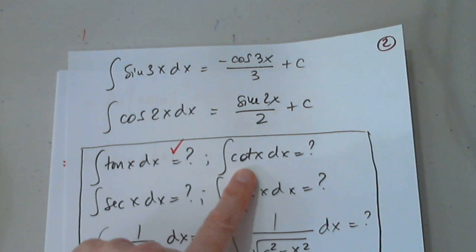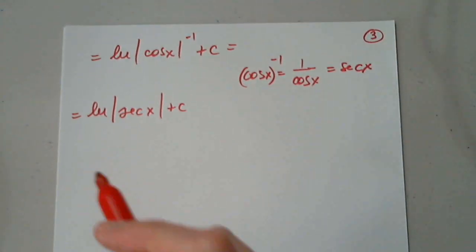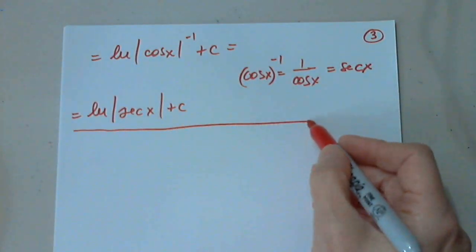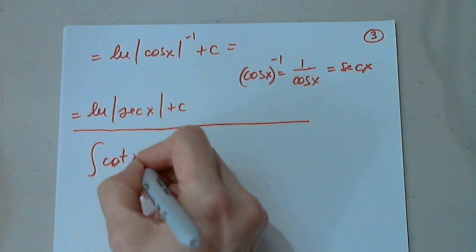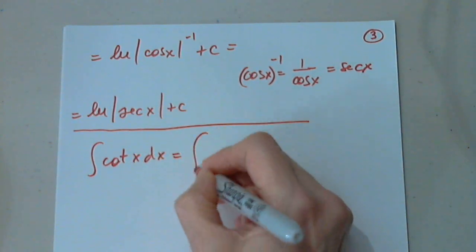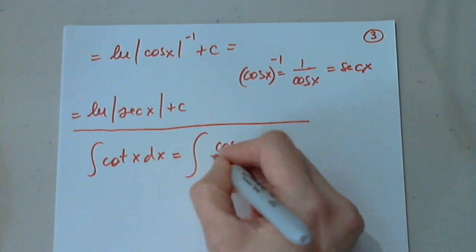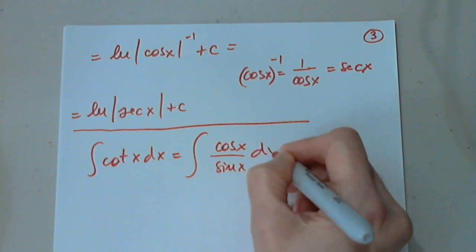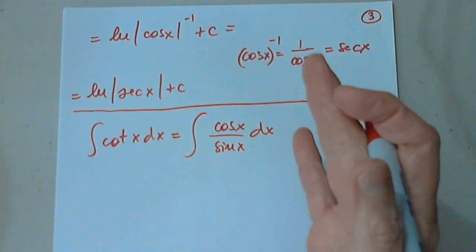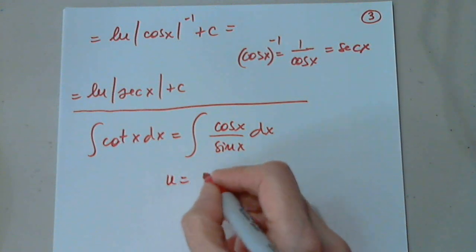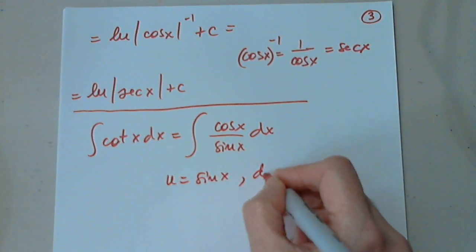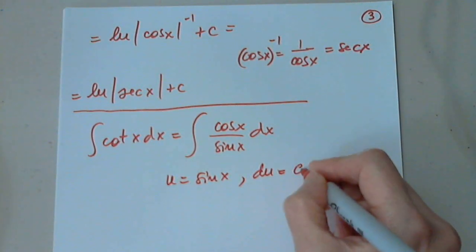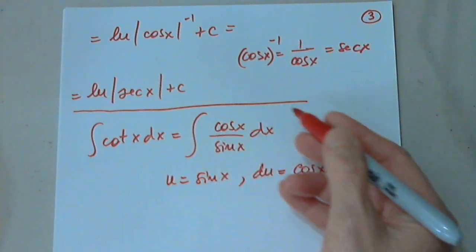Moving on to cotangent. So the integral of cotangent x dx, of course, is the same as the integral of cosine x over sine x dx. From chapter 5, we're going to use a substitution. Let u be sine x. Of course, the differential has to be there: cosine x dx. It cannot be easier.